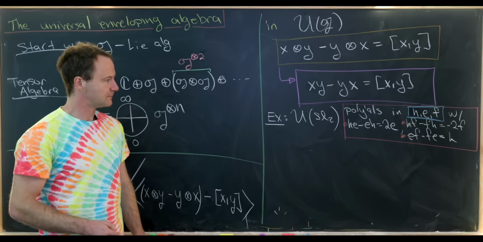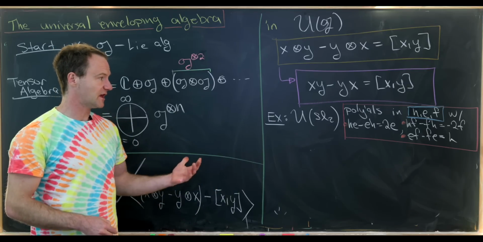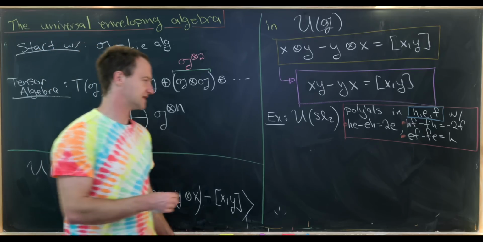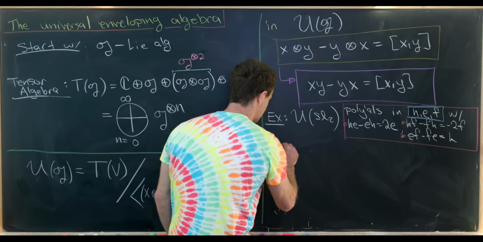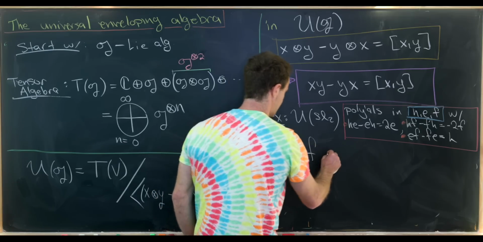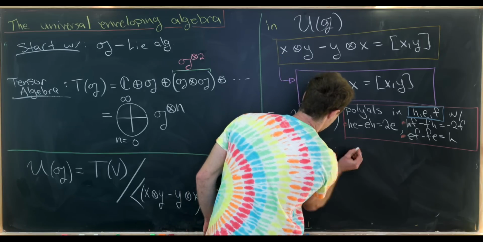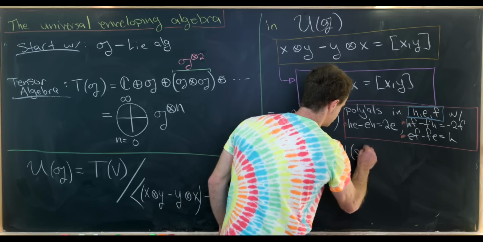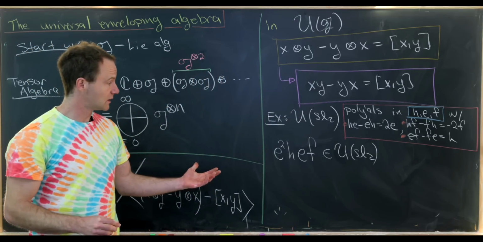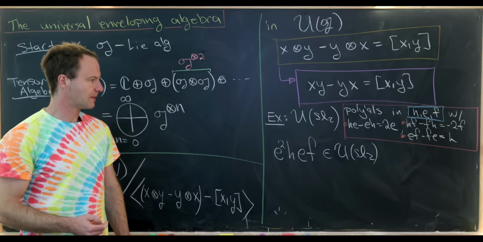Okay, so let's look at an example of an element within USL2, the universal enveloping algebra of SL2. So we could have something like this, E squared H E F. So that's most definitely an element from USL2. And why is that? Well, that's a monomial in this universal enveloping algebra.